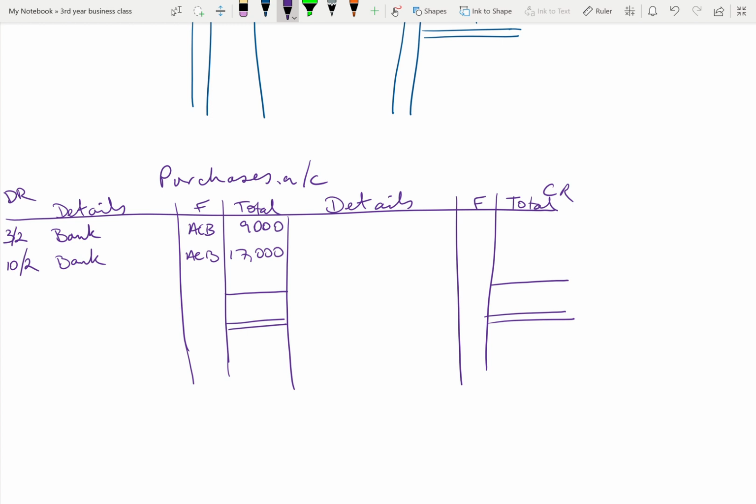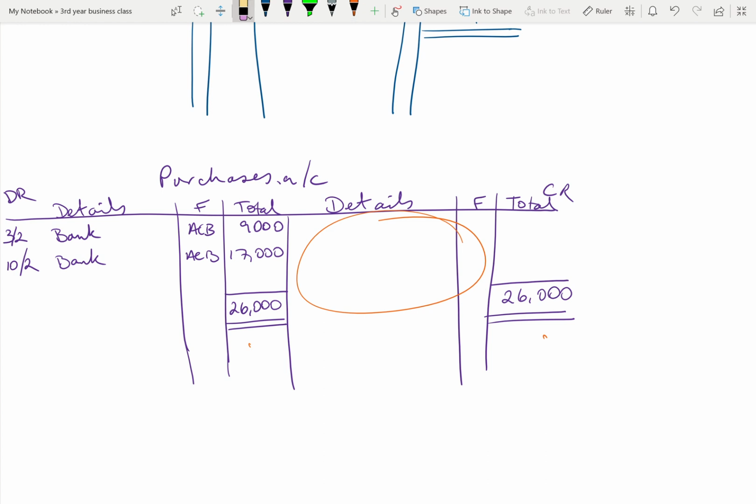Anybody with a bit of sense can see the debit side is going to be heavier, so that's going to be 26,000. In order to balance the two sides, I need to have 26,000 in both spots, but I need to put something in this area up here so that these two figures will match.